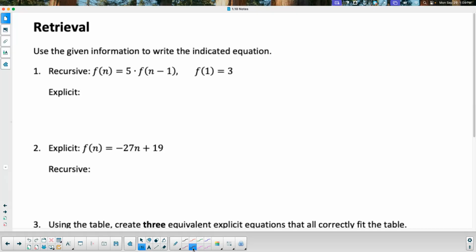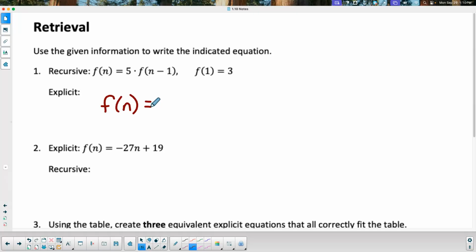Half of n. Yep, they all start with half of n. Okay? What comes next? This is where having out your yellow packet might help too, because remember last week we put on our yellow packets some quick notes and stuff. 3 times 5 to n minus 1.